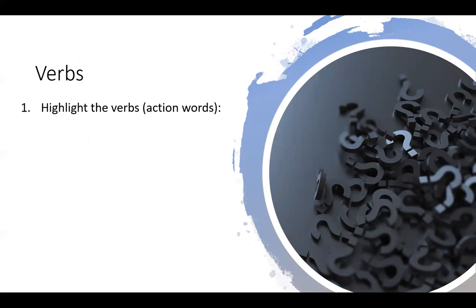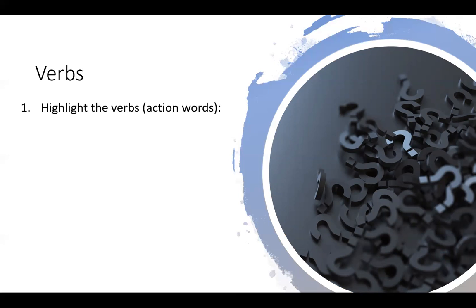So we're going to start by highlighting the verbs in your sentence, just your sentence. If you think back to when you first learned parts of speech, verbs are those action words that you can visualize.